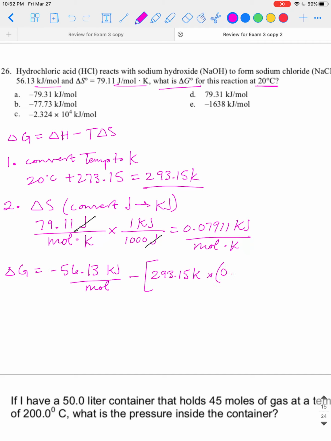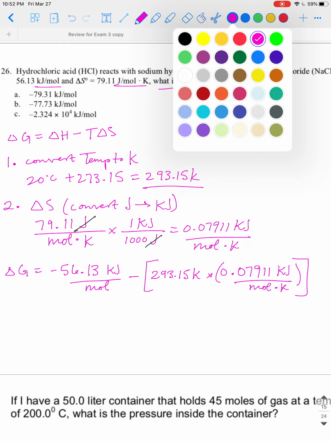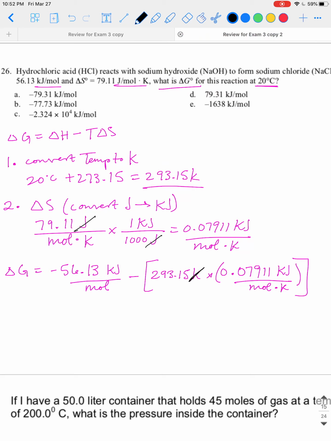And we're going to multiply that by our delta S, which is 0.07911 kilojoules per mole Kelvin. And close the brackets. So if you notice units of Kelvin, we have it on top and on bottom right here. So we're multiplying, those will cancel out.